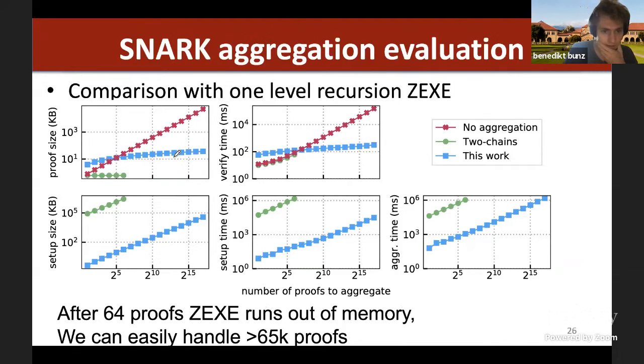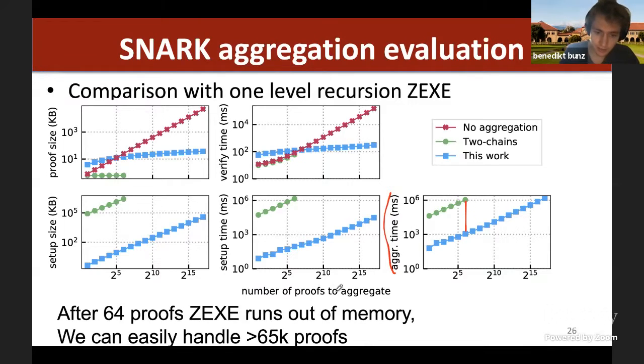And here, this is the one slide I wanted to show. Here we compare our approach with Zexe, which is a one-level recursion protocol. And you can see that the key thing to look at is the aggregation time. At 64 proofs, I think this is a 900x speedup.